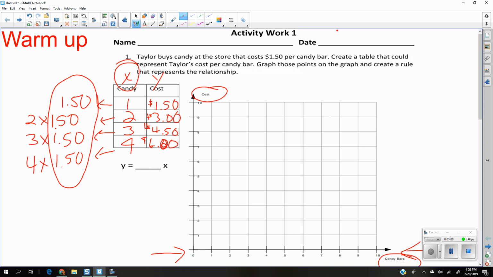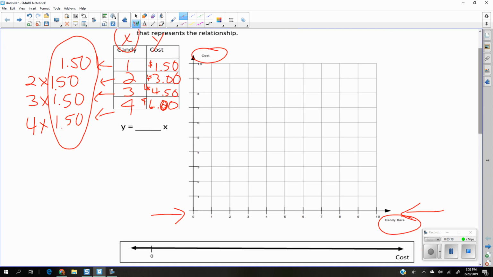So if X is 1, we're going to come over to 1, and then we're going to go up to 1.5, and we plot the point right there.